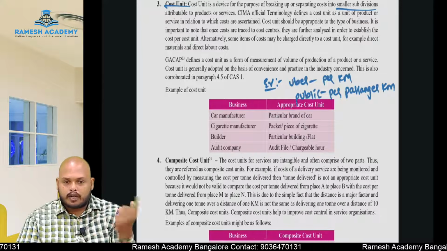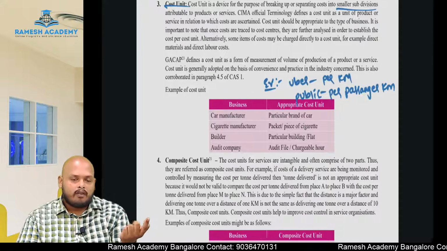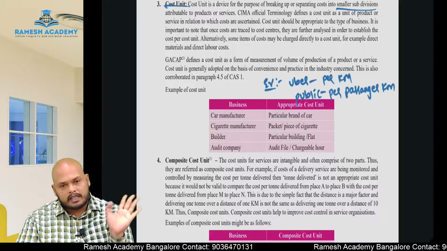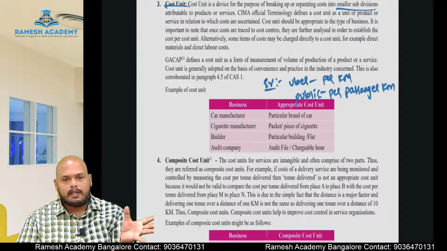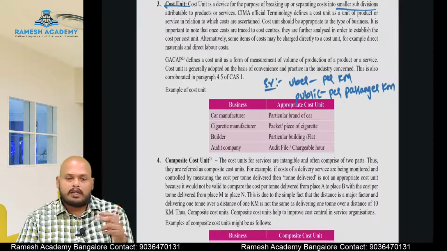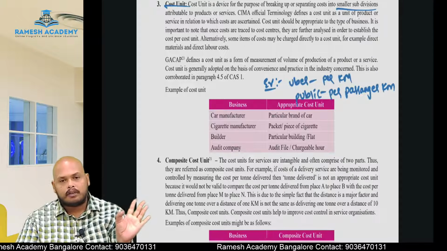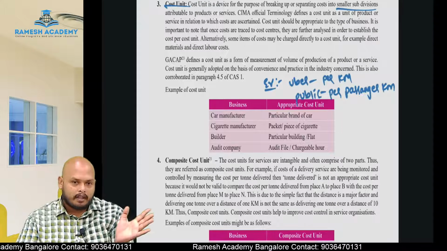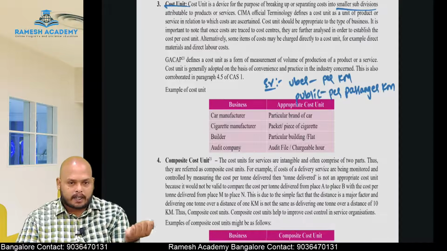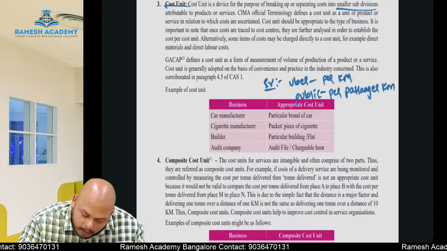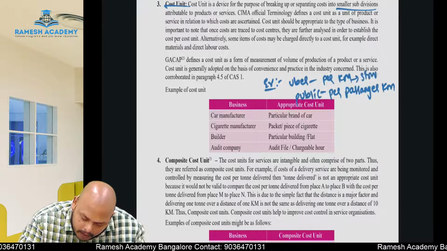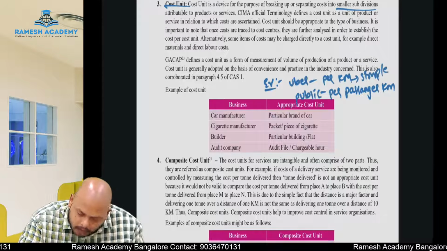He will ask, what is your pickup point? What is your destination? From pickup point to destination, how many kilometers? 100 kilometers. Per kilometer, 10 rupees. 100 into 10, 1000 rupees. That's all. That is called per kilometer. That is private transportation. That is called a simple cost unit. This per kilometer, whatever it is, we will call simple cost units.